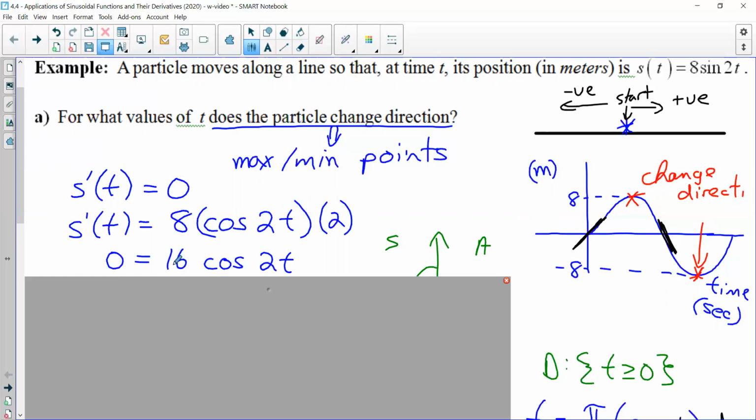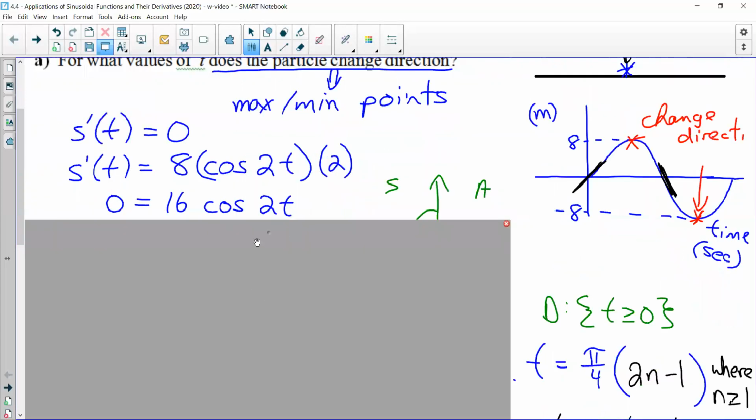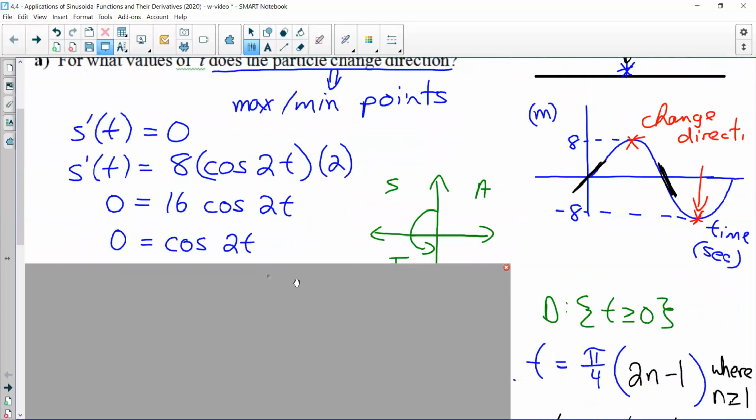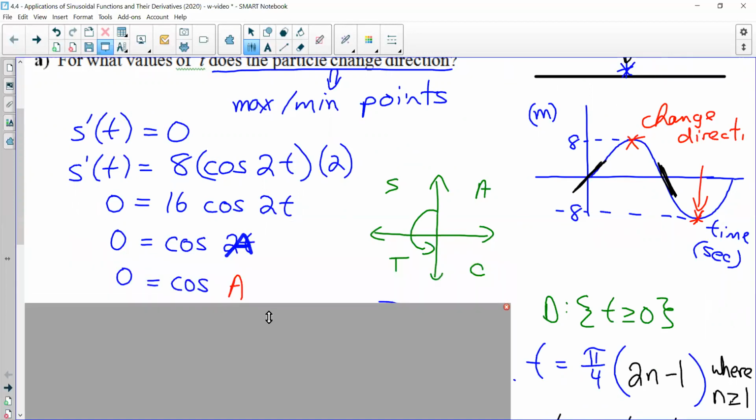So dividing both sides by 16 leads to this equation. Now this is something you should have done in a previous math class, especially in advanced functions. It depends on how your teacher approached it, but you're looking at when is a cosine function of a particular angle equal to 0? Well, there's the CAST rule that's going to be involved, so that's something to keep in mind.